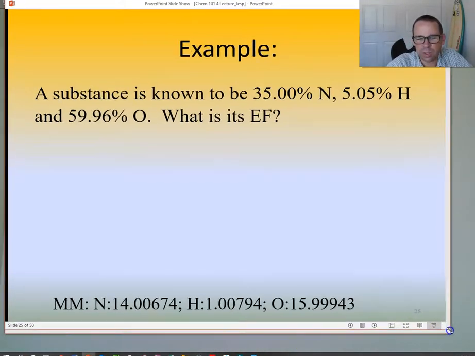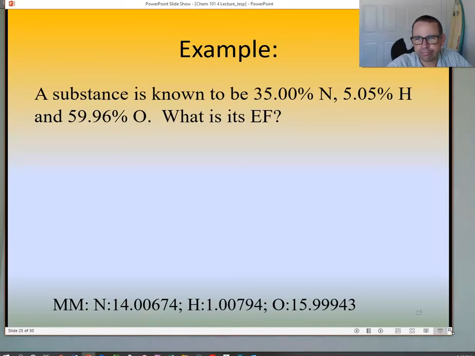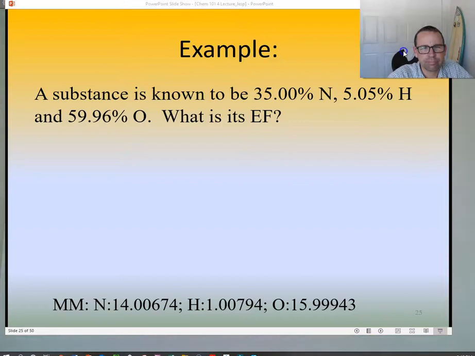What's the definition for the empirical formula, kind of? It's the least amount. Simplest ratio? Yeah, simplest ratio. Uh-huh. Of what? In terms of grams or in terms of moles? In terms of moles.